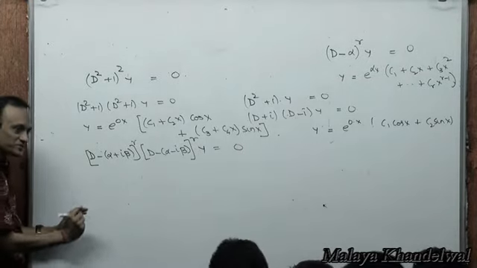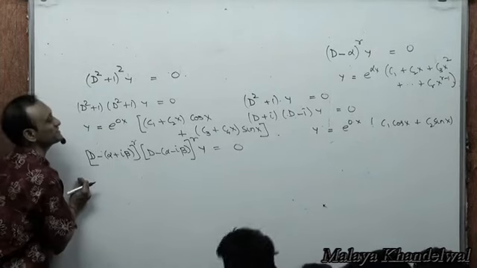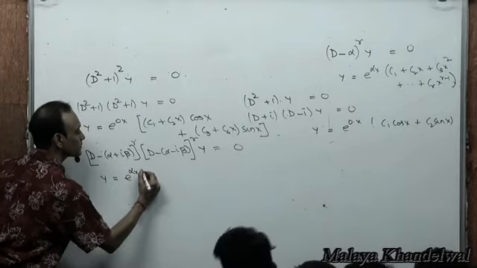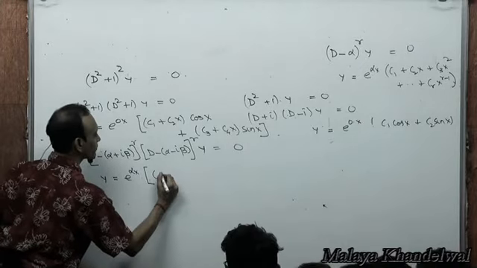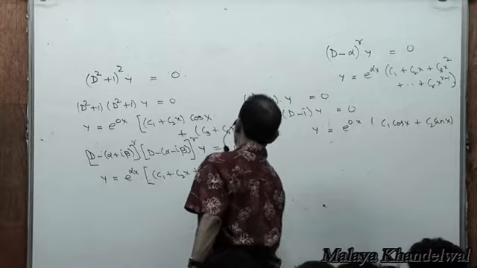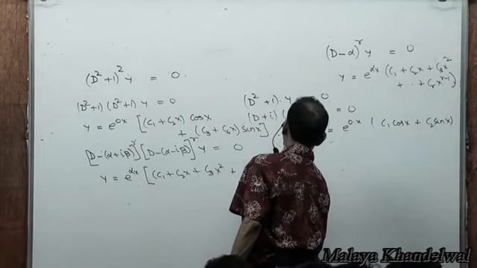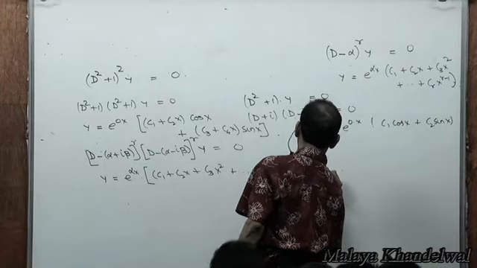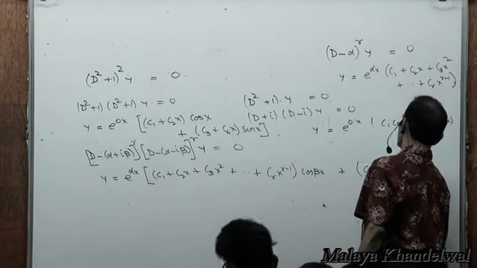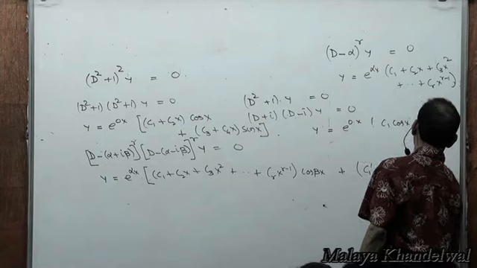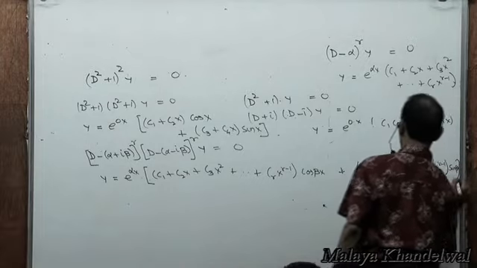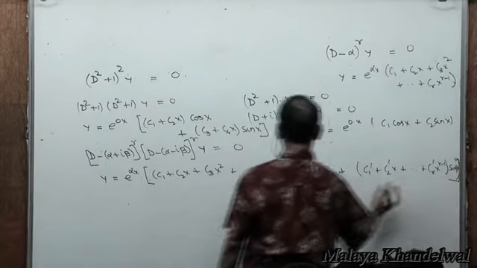The general solution to this differential equation, the participation of these factors, is going to be e to the power alpha x times ((c1 plus c2x plus c3x squared plus ... plus crx to the power r minus 1) cos beta x plus (c1 prime plus c2 prime x plus ... plus cr prime x to the power r minus 1) sin beta x). That will be the general solution.